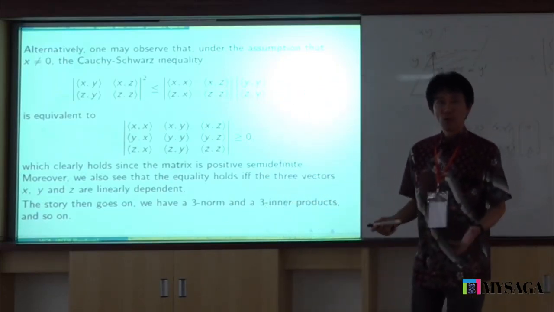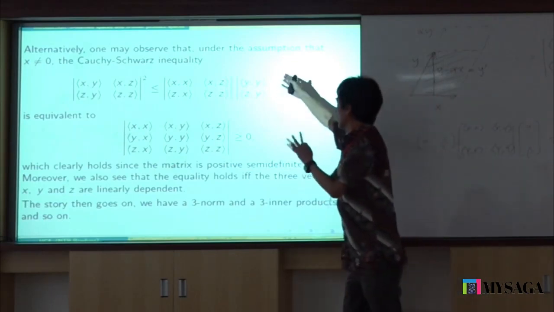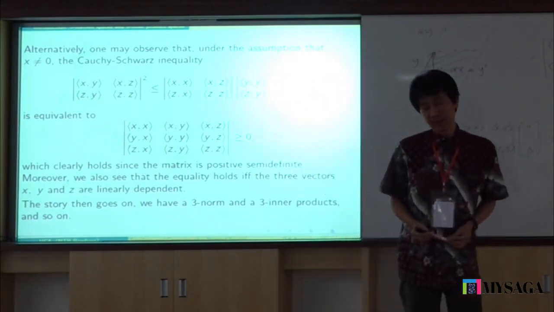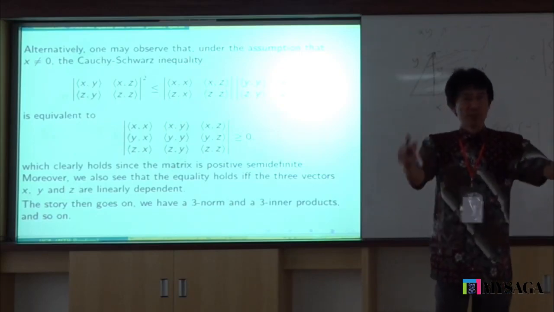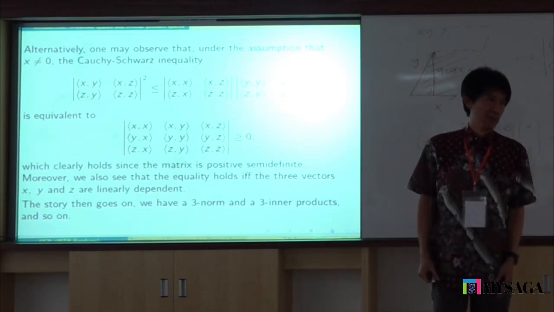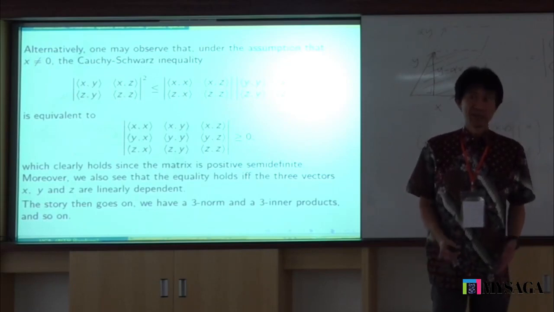And then from the Cauchy-Schwarz inequality, I look at it again, and I got a determinantal inequality now with a 4 by 4 matrix, and so on. Okay, nice story.